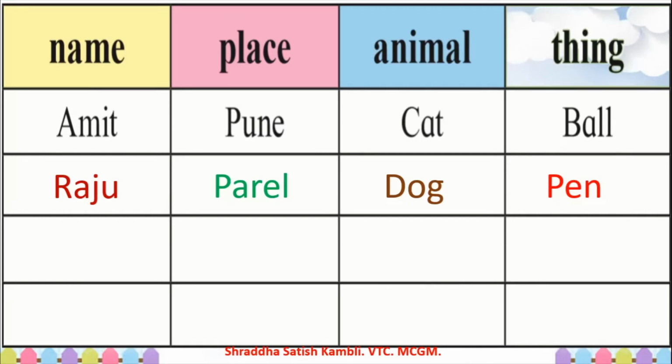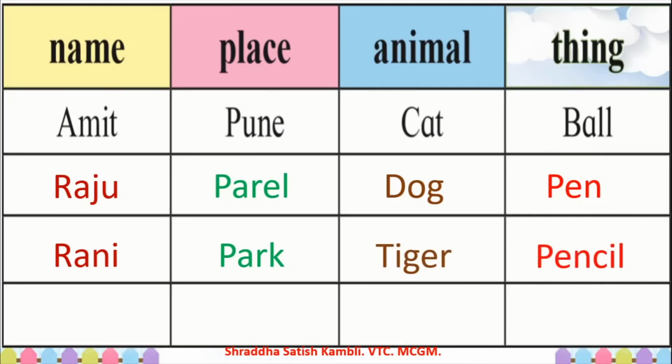Let us move on and write 4 more words here which are naming words. So see, Rani is a naming word, park is a naming word, tiger is a naming word, and pencil is a naming word. Moving on, these are all naming words.